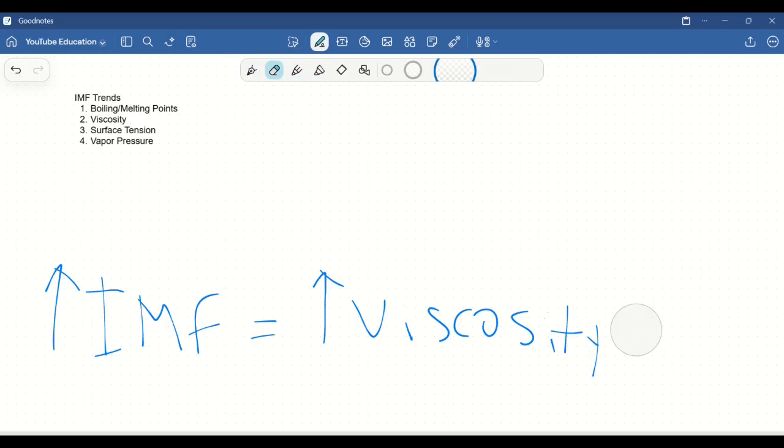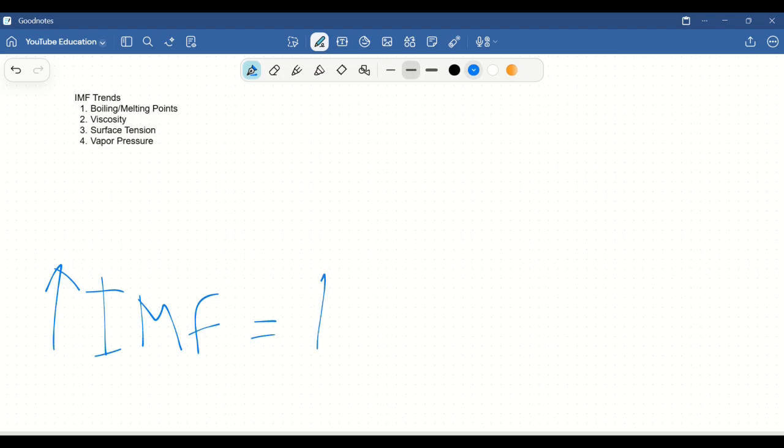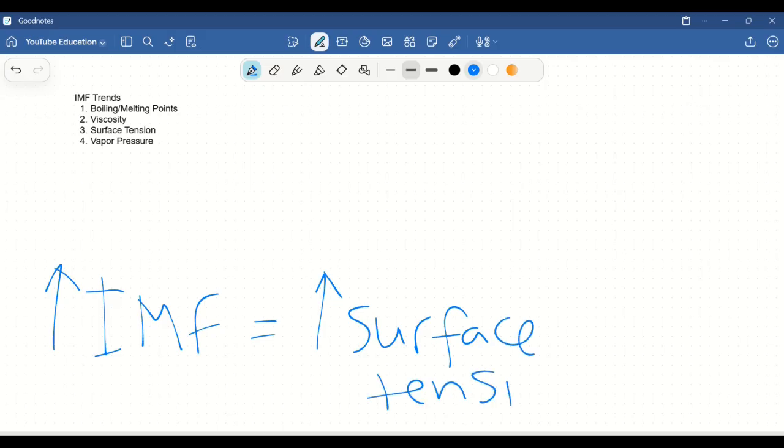The third trend to be aware of is surface tension. The stronger the intermolecular forces, the stronger the surface tension. And what does it mean?